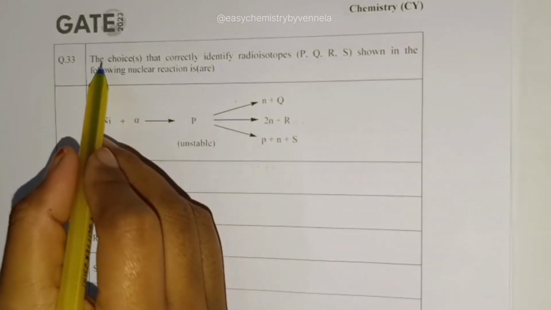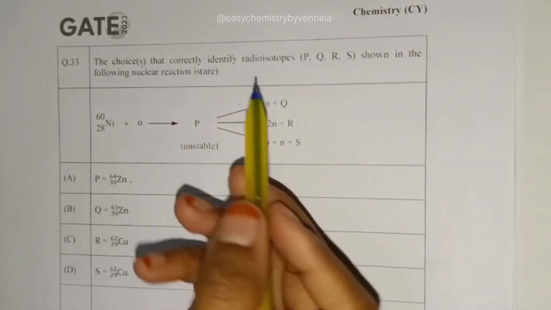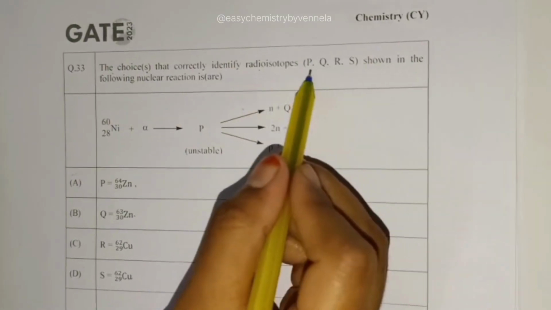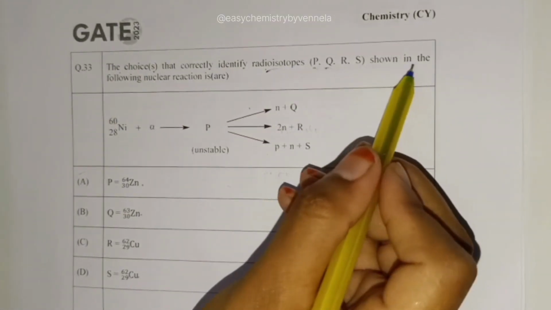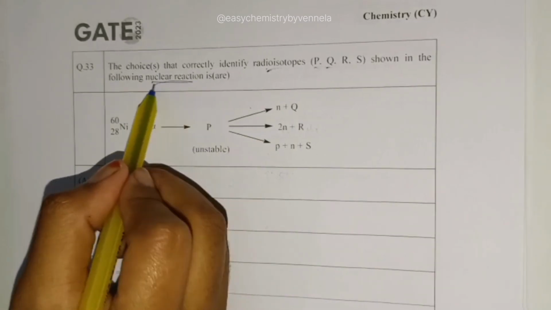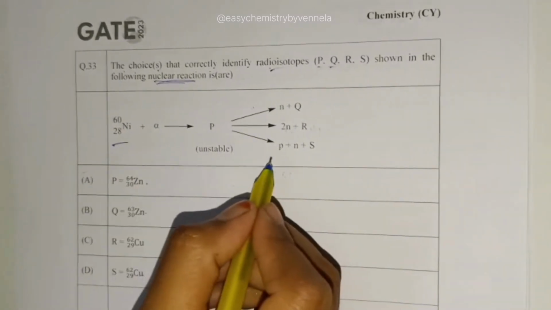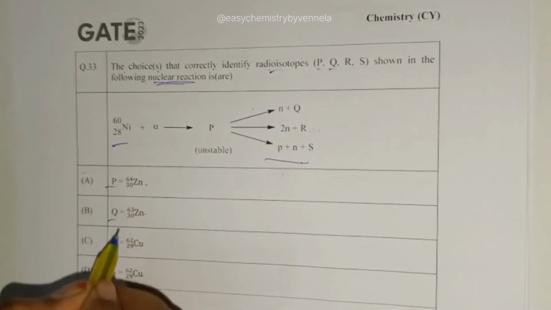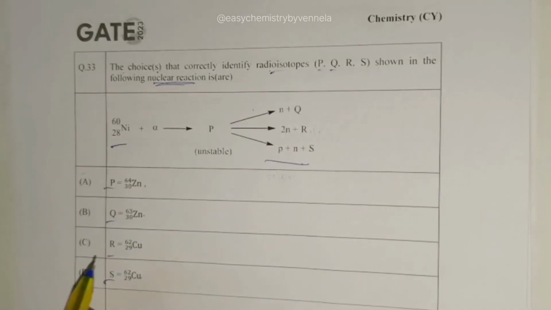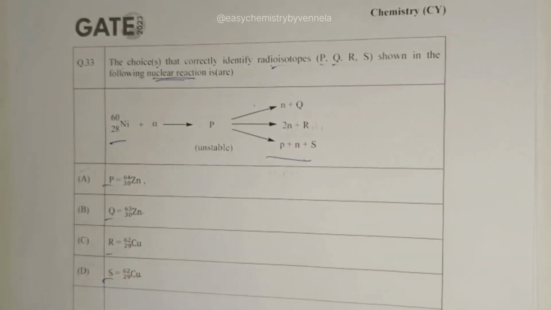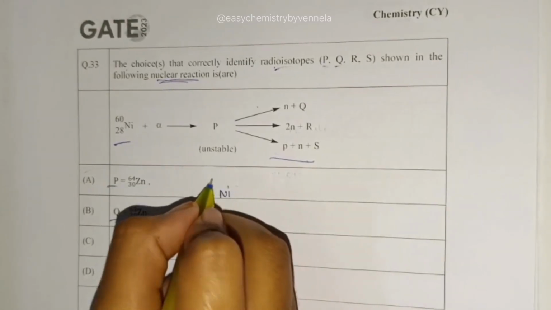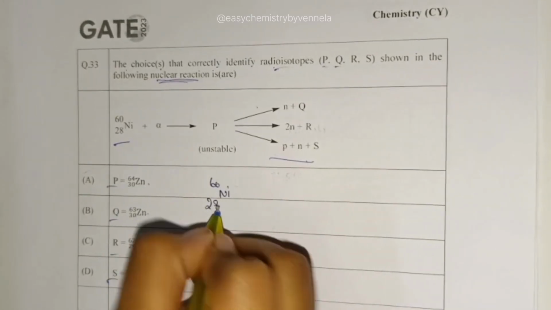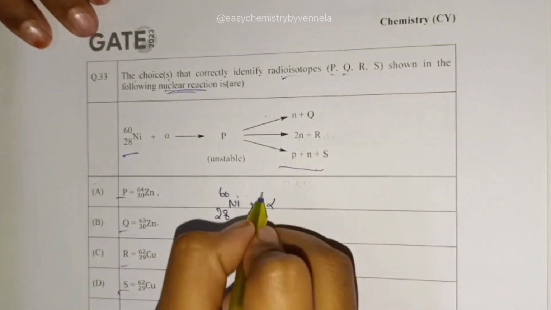Next question. The choice that correctly identifies the radioisotopes P, Q, R, S shown in the following nuclear reaction is. This is the reaction. You can find PQRS, which is the correct. So here nickel 60, 28, alpha 4, 2.